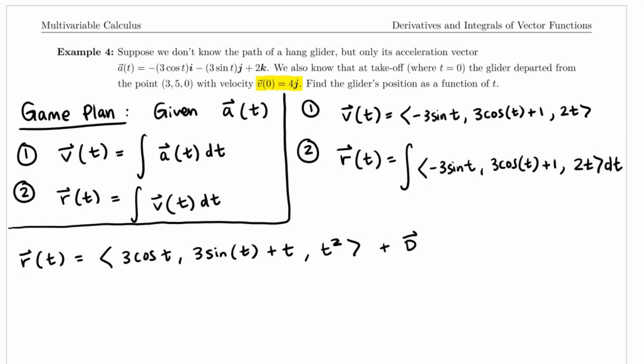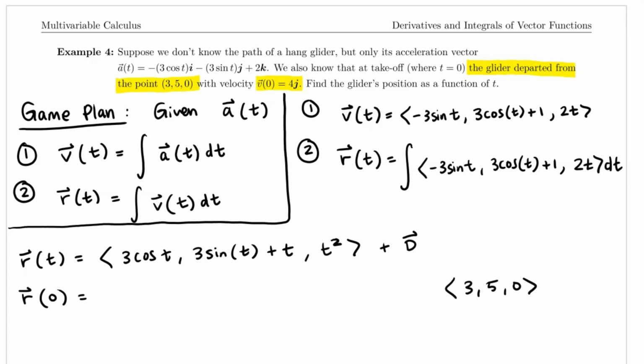Let's see. Something that we want to note is the glider departed from the point 3, 5, 0. That is another initial condition that tells us that r of 0 is equal to 3, 5, 0.